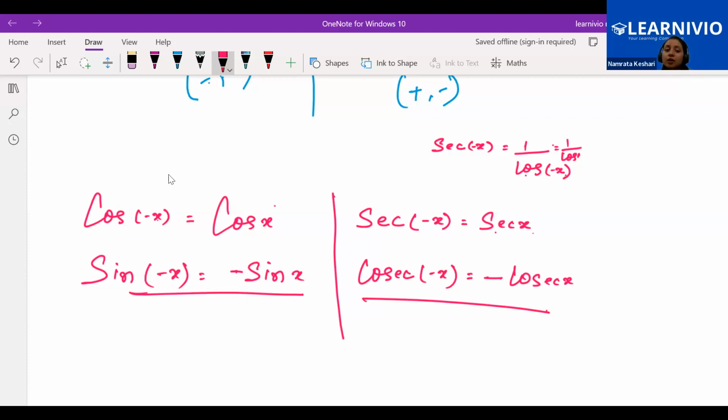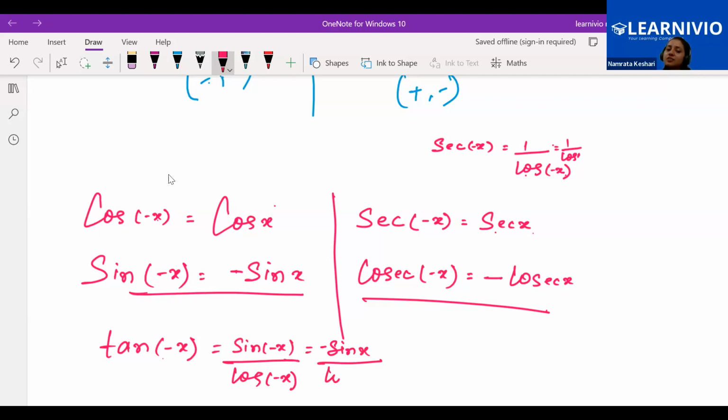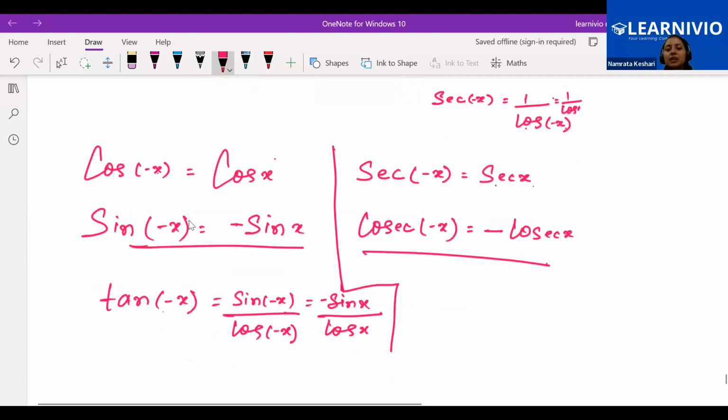What about tan and cot? Since tan is dependent on sine and cos, sine of minus X is of course minus sine X, and cos of minus X is just cos X. That's why tan will be negative.